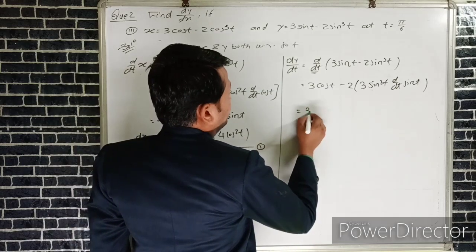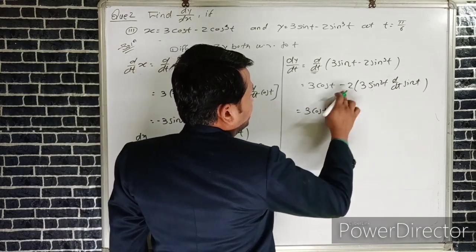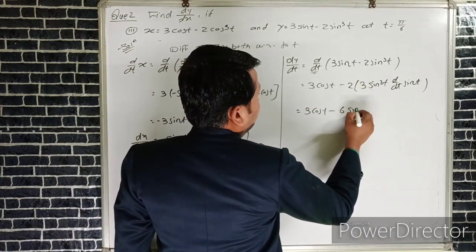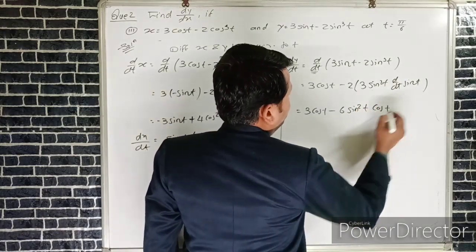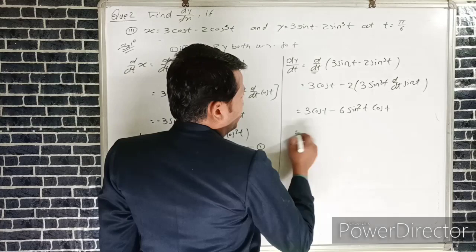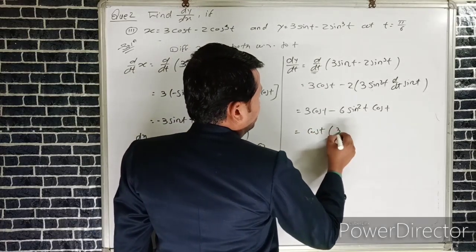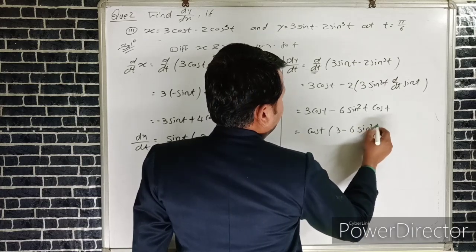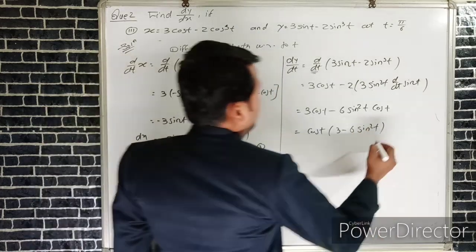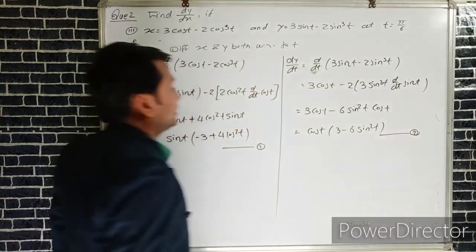Here again 3 cos t as it is, 2 into 3 is 6 sin square t and the derivative of sin t is cos t. If we take cos t common in both, we can write cos t into 3 minus 6 sin square t, which is a value of dy by dt.